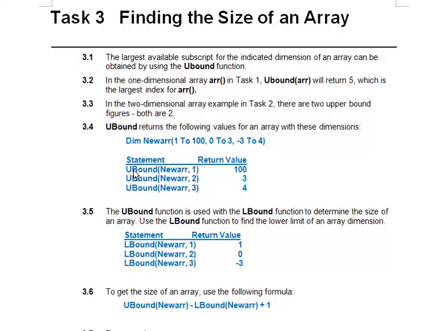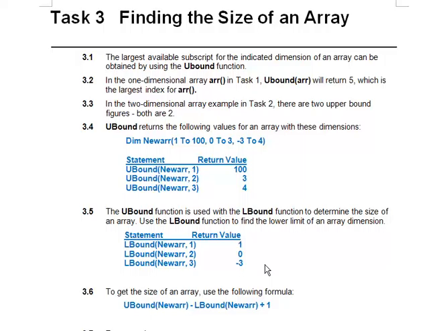So this upper bound or lower bound is not showing us how many cells are possible in there. It only tells us what is the possible maximum number it could be for those parts, right? So for the LBound of this array, in the first place it should be 1, the second place should be 0, and especially the third one should be -3.